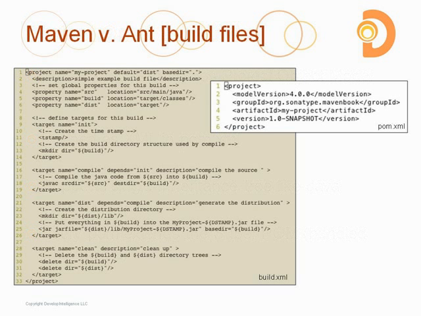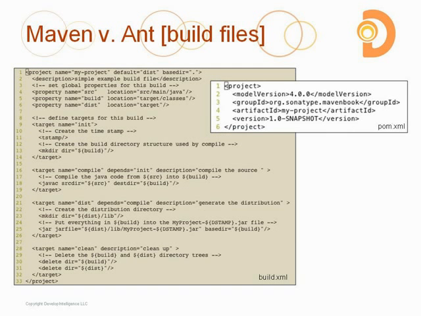The one in light tan is an example of an Ant build file. The one in white is an example of a Maven POM file. What I want you to notice is purely the number of lines of code required to build an Ant script versus a Maven POM.